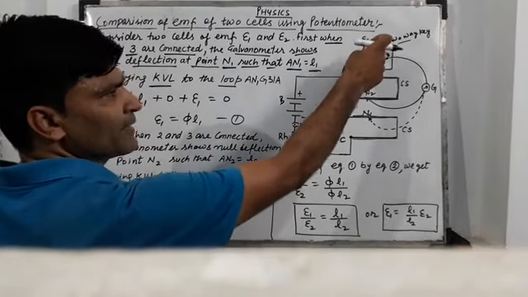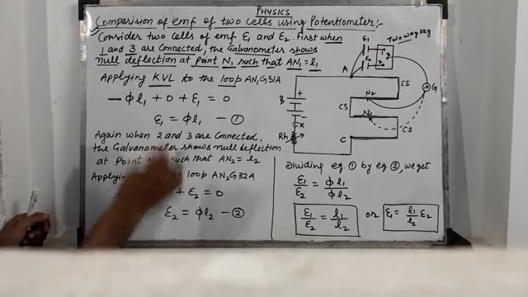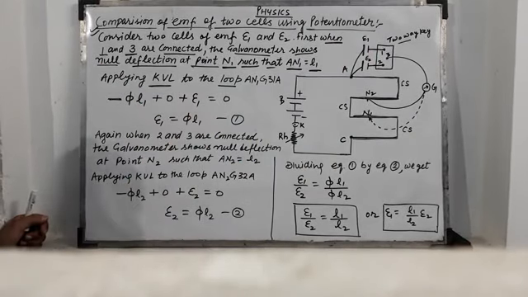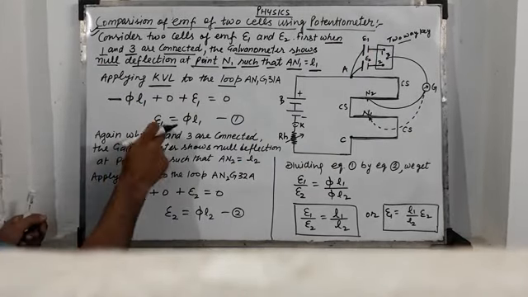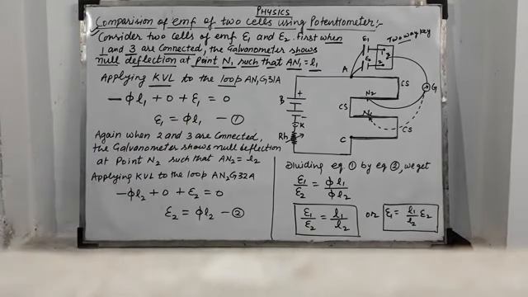We are coming from the negative to the positive terminal, so we take a positive sign, equal to 0. Then E1 is equal to phi L1. Equation number 1.